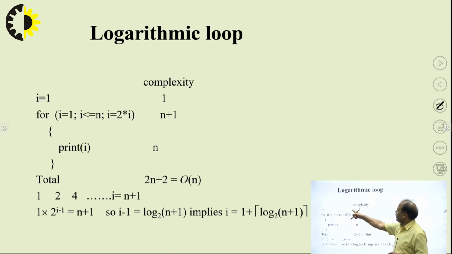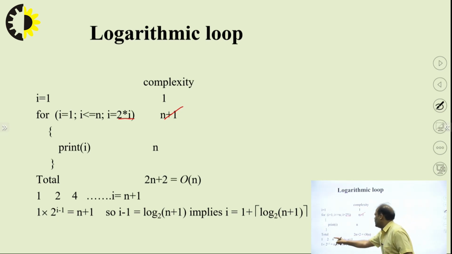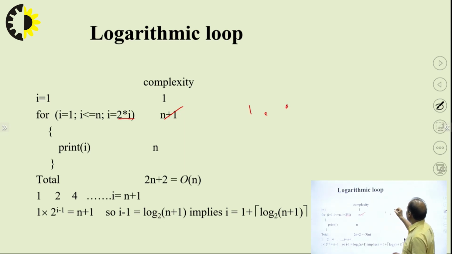Another example is a logarithmic loop. Here i is updated by multiplication, 2 times i. This is not the time complexity; look at how i is increasing. i increases as 1, 2, 4, and so on, and the loop fails when i is equal to n plus 1.